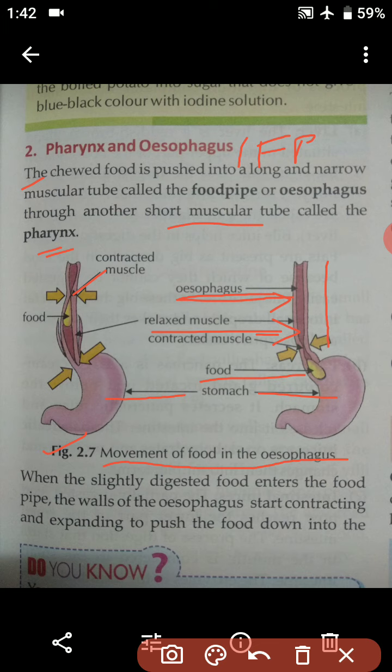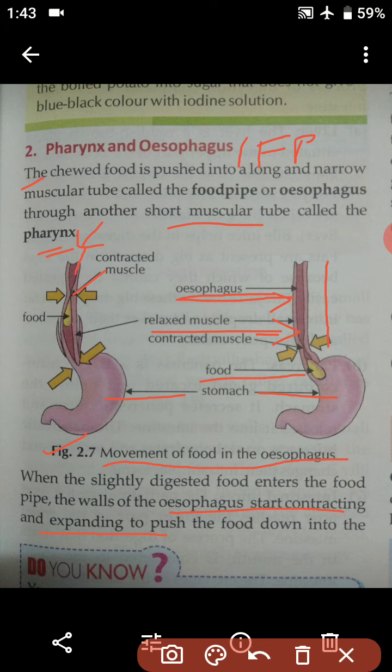So students, when slightly digested food enters the food pipe, the wall of the esophagus starts contracting and expanding to push the food down into the stomach. Whenever the food enters from the mouth to the food pipe, contraction and relaxation of the esophagus start.